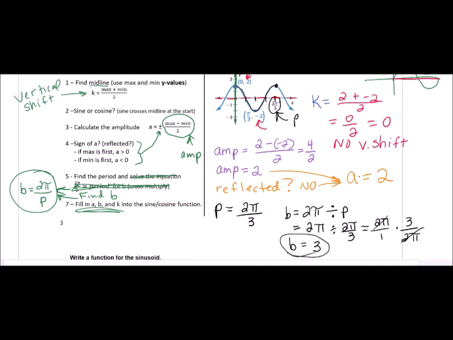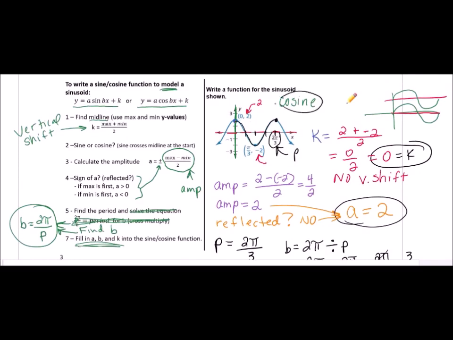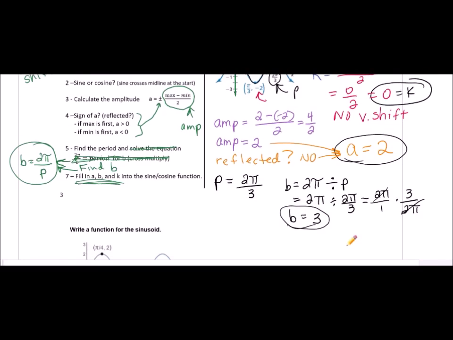We've got our B, our A, our K, and we know that it is cosine, which means the equation for this is y equals 2 cosine of bx plus k, but k is 0, so I'm not even going to write it. You can use either variable, x or theta, or whatever you want.